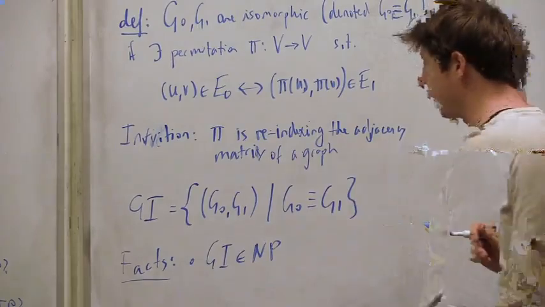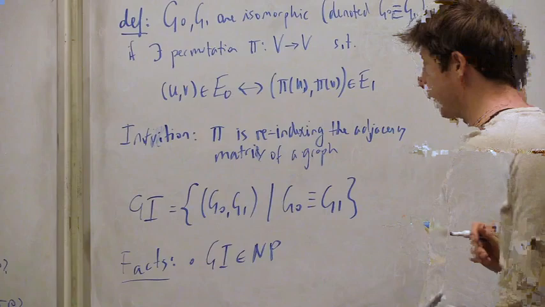Also, GI is not known to be in P. Namely, we do not know of a polynomial time algorithm that is able to establish whether they're isomorphic.